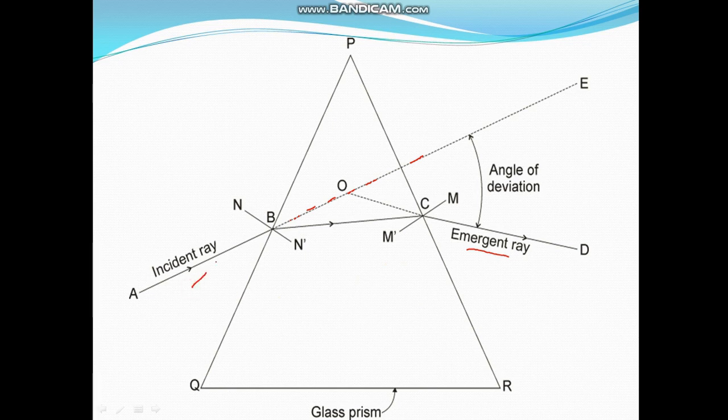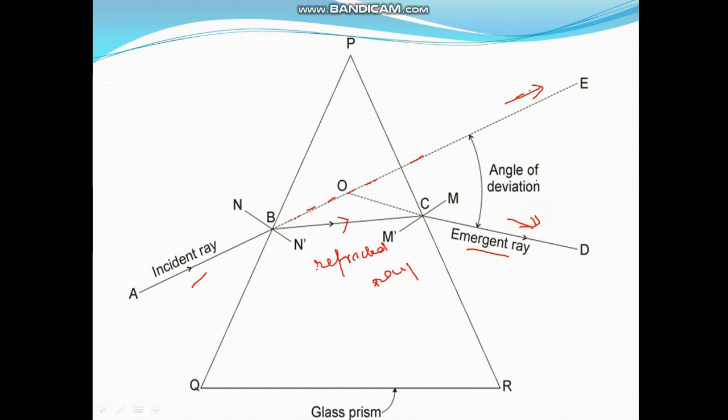So here this is the incident ray, this one is your refracted ray, and finally you have the emergent ray. So had this prism not been there, then the path of light would have been this one along BOE, isn't it? But due to refraction, the path of light has been along CD.